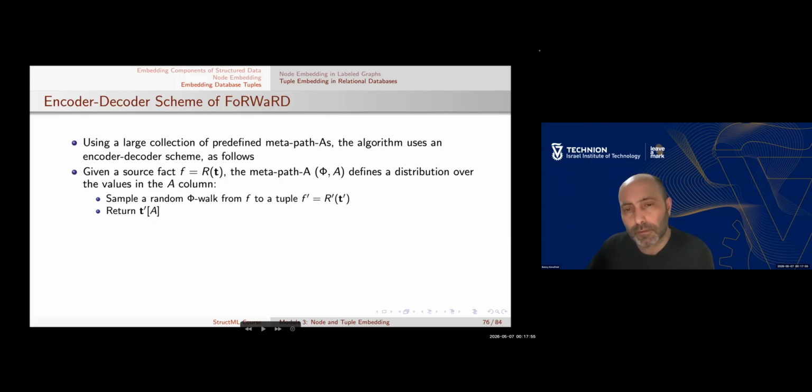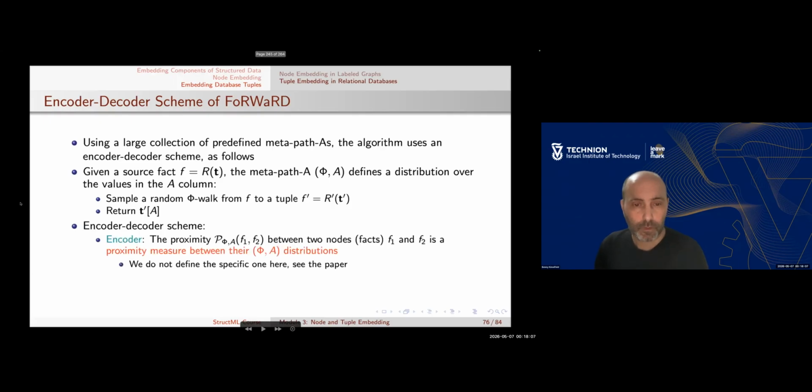Then you get, in the end of it, some fact of the last relation, f prime, and you return the A value of that fact.